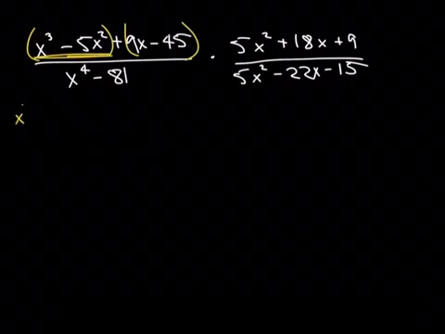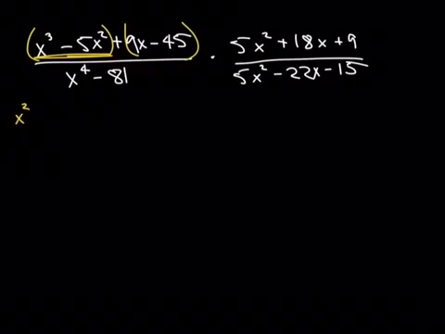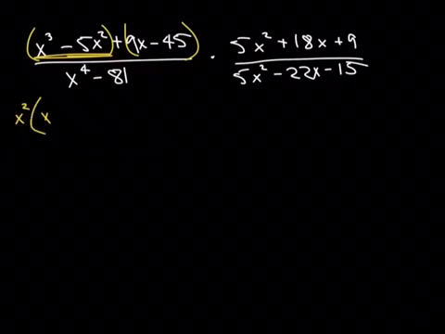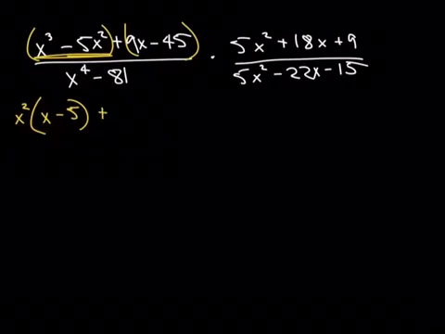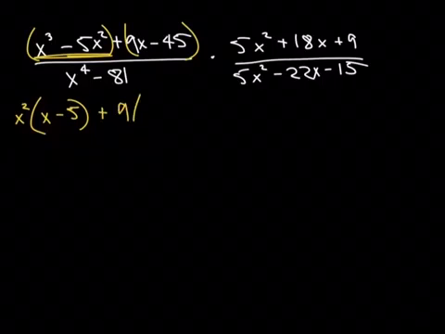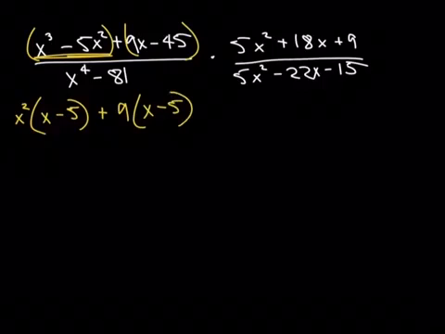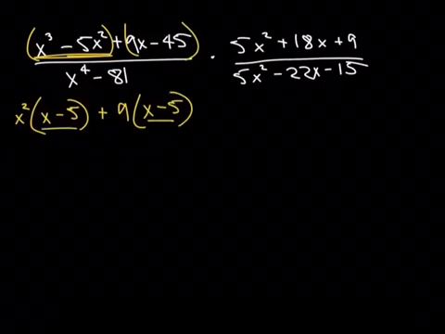We can actually pull out an x squared, can't we? That leaves me with an x minus 5 there. And over here we can pull out a 9 and we're left with an x minus 5, which is good. It's the same here and here.